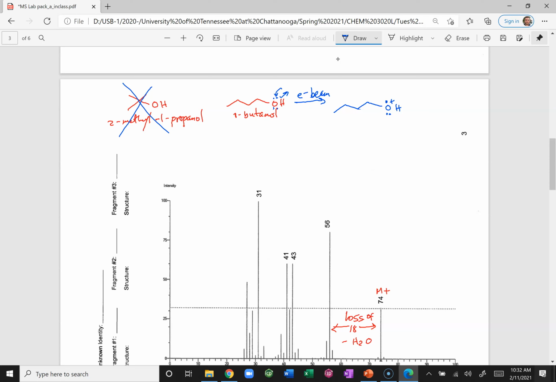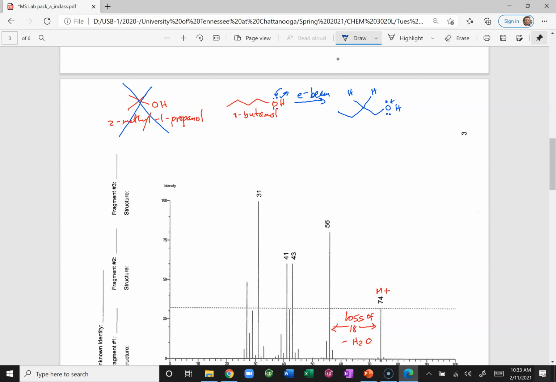All right. So this guy can then do, let me fix this molecule in a way so that you can see it better. 1, 2, 3, 4. Like this is better because I'm going to withdraw this beta hydrogen.